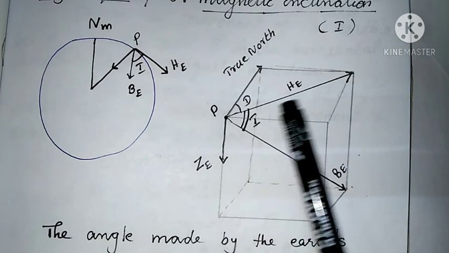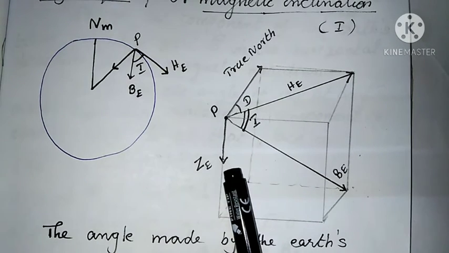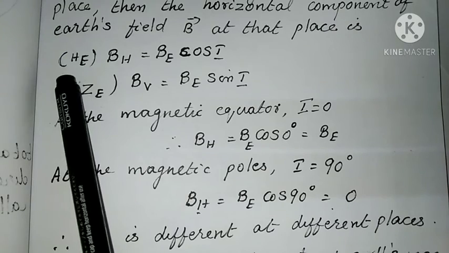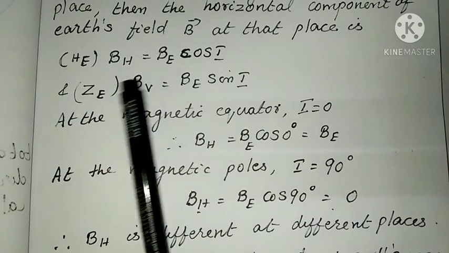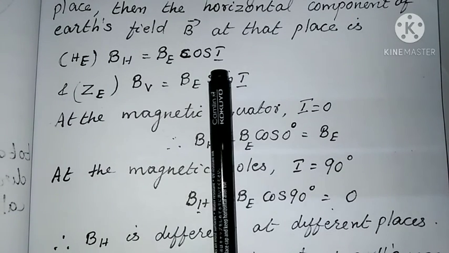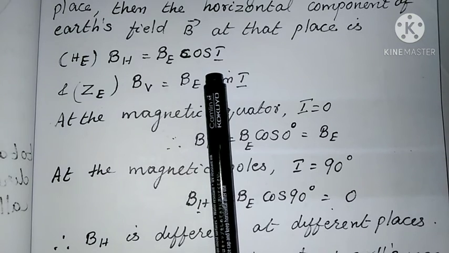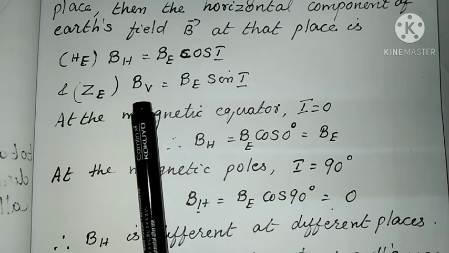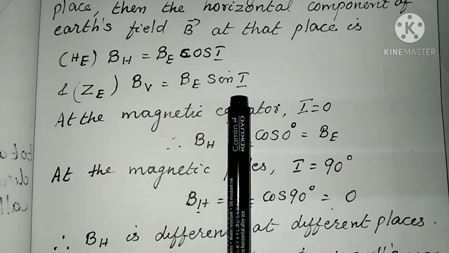So we can write HE equals BE cos I and ZE equals BE sin I. The horizontal component HE, or we can write BH equals BE cos I. So this is the horizontal component of Earth's magnetic field. Similarly, the vertical component ZE is noted as BV equals BE sin I.